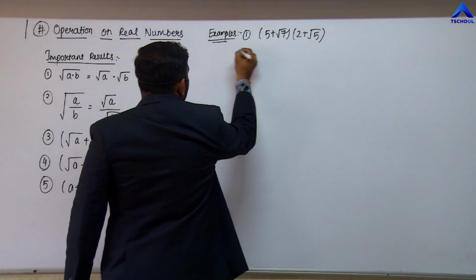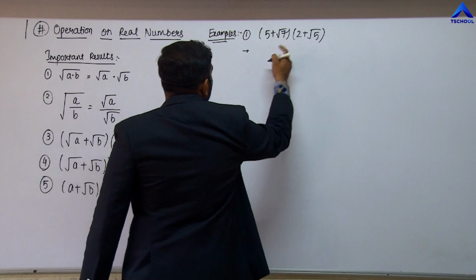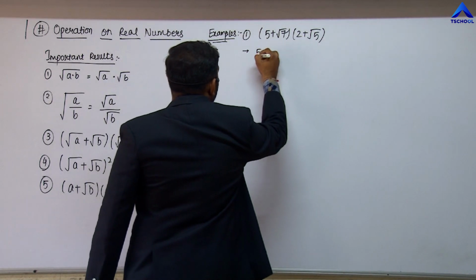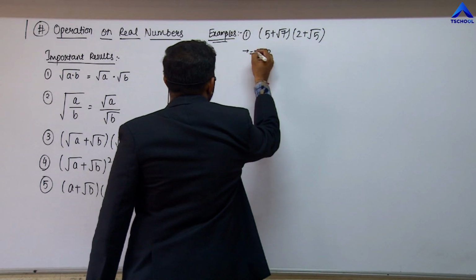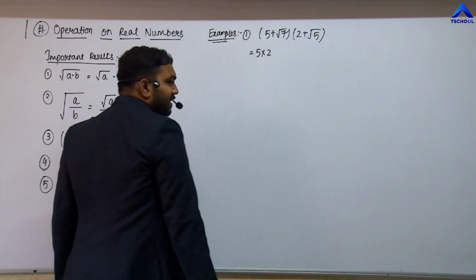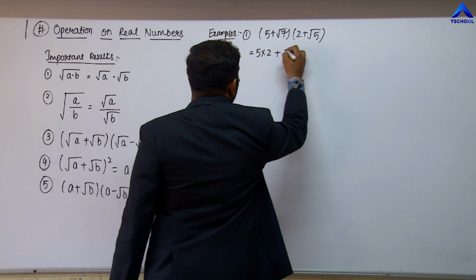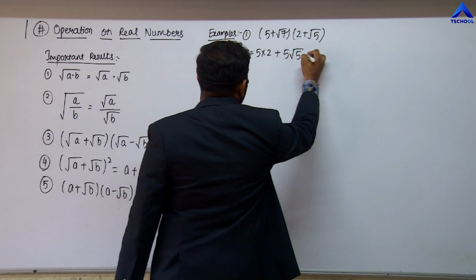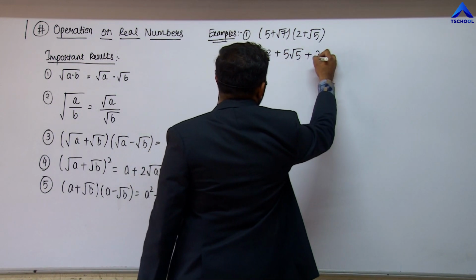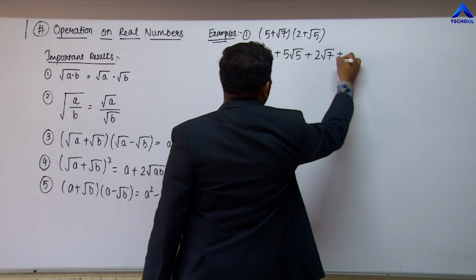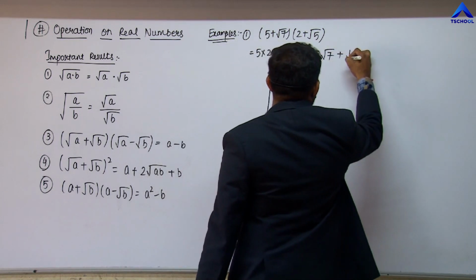So here what we can write, multiplying these two, that is 5 into 2, equals to, we shall start the sum with 5 into 2 plus 5 into root 5 plus root 7 into 2, that is 2 root 7 plus root 7 into root 5.